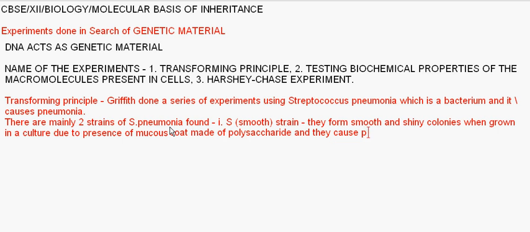Another strain is the R strain, or rough strain. They do not have a mucus coat. That's why they are called rough strain, and they do not cause pneumonia. So what he did, first he infected mice with rough strain and with smooth strain.